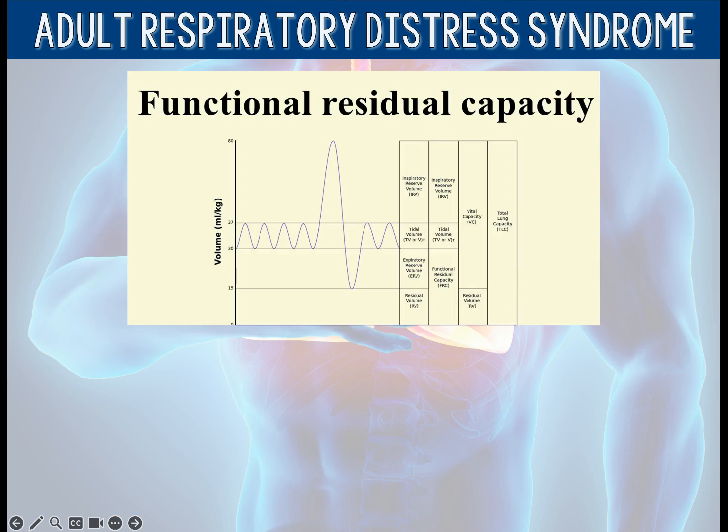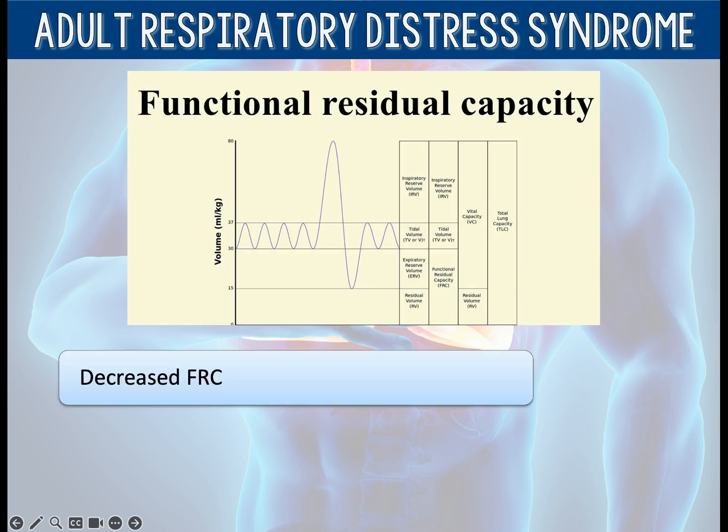So just to review, functional residual capacity is that amount of air that is left in your lungs when you take your normal tidal volume, your normal breath in, your normal expiration without any effort. And so that functional residual capacity is your expiratory reserve volume, that extra breath that you can exhale all the way till you can't anymore, plus what's left in your lungs after you do that.